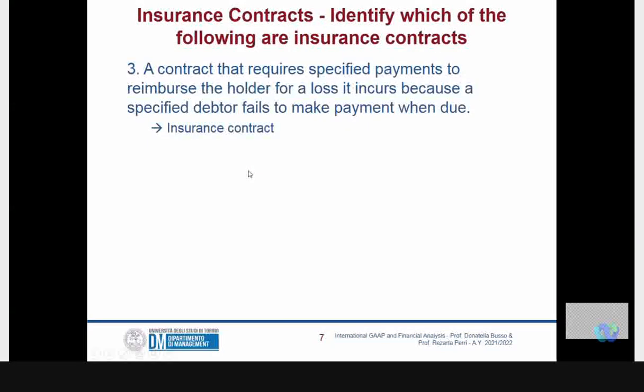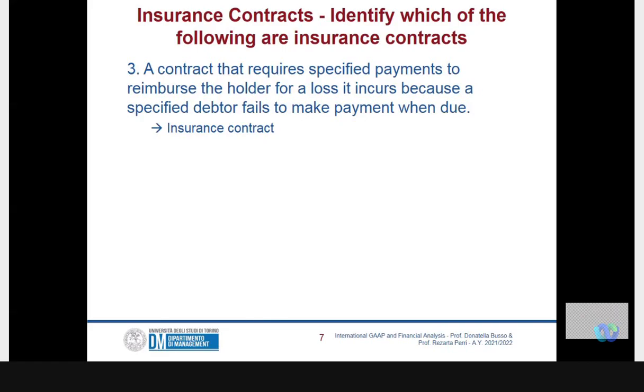Another example is a contract that requires specific payments to reimburse the holder for a loss it incurs because a specified debtor fails to make payment when due. Now, this is an example of an insurance contract because it requires payment only when the debtor fails to make payments when they are due. So this is not certain for the future.